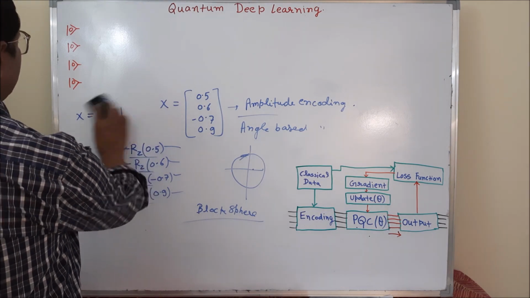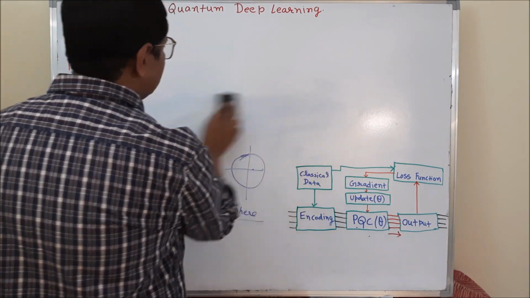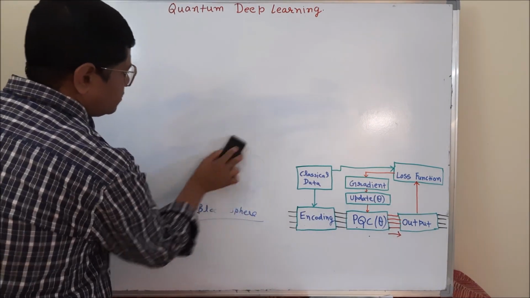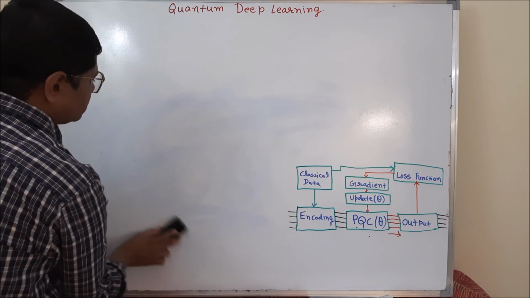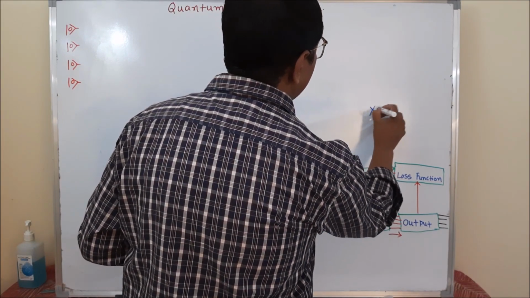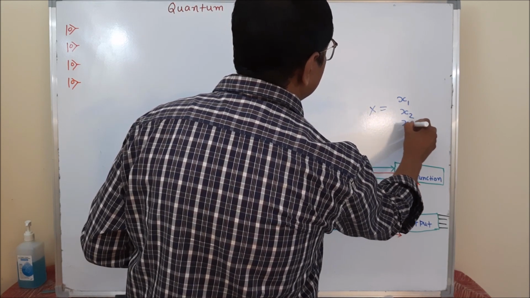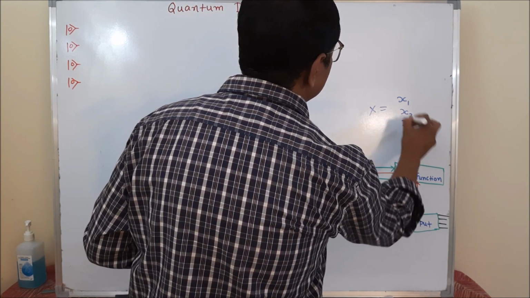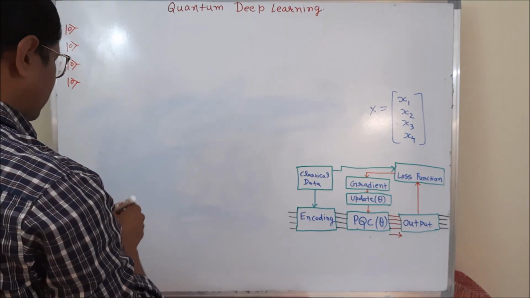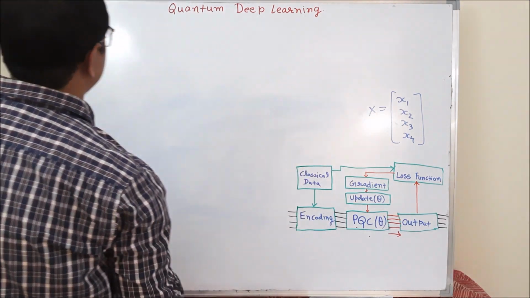Now let us assume that our data is in the format x is equal to x1, x2, x3, x4 instead of decimals or something. This will help in explaining the concepts easily.